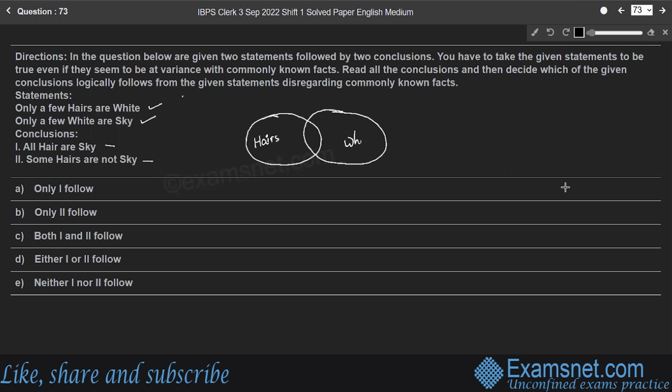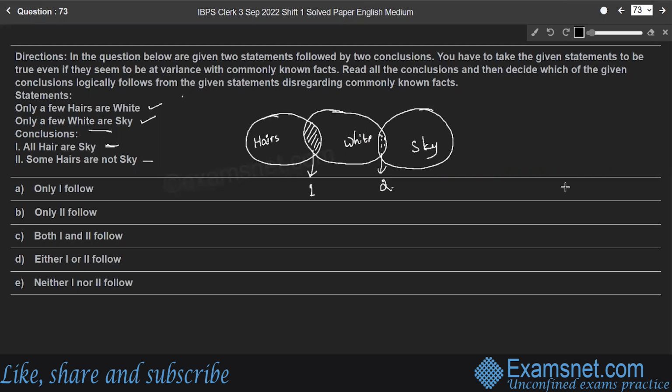There is a set of white, and this shaded portion represents statement 1. Only a few hairs are white, right? Whereas second statement, only a few white are sky. There is a set of sky, and this shaded portion represents statement 2. Only a few white are sky.